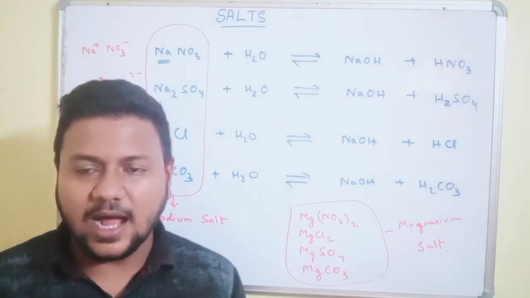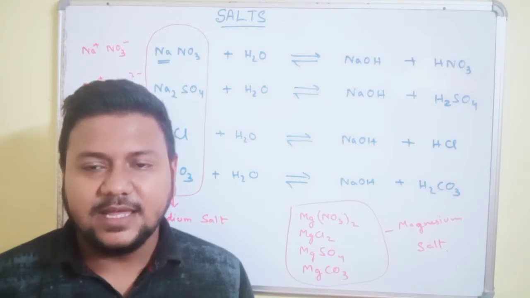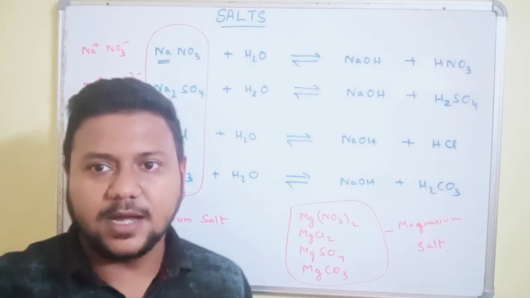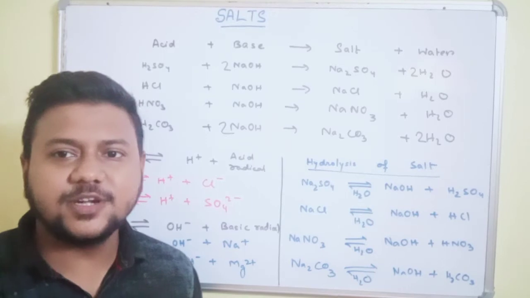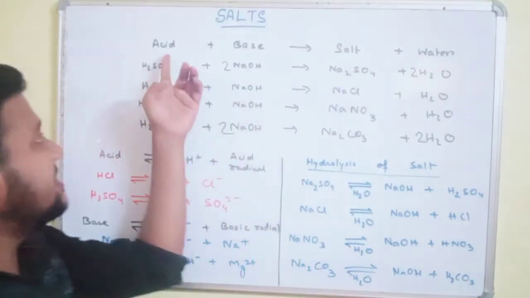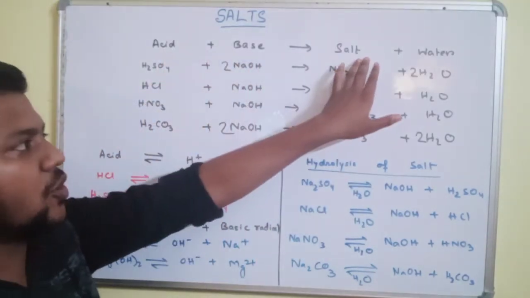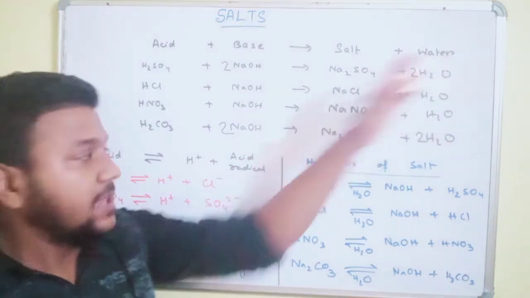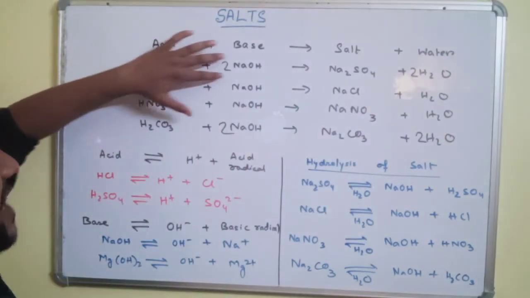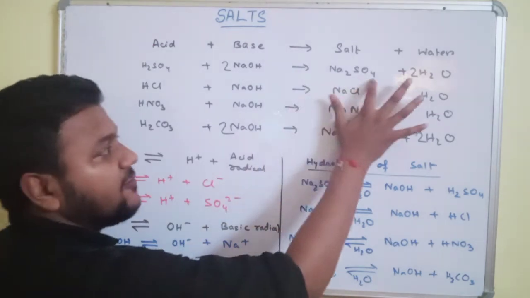Okay, so far what we have studied, let us recapitulate. We have studied that an acid, when it reacts with a base, gives salt and water. Now sulfuric acid, when it reacts with a base, gives sulfate salts.